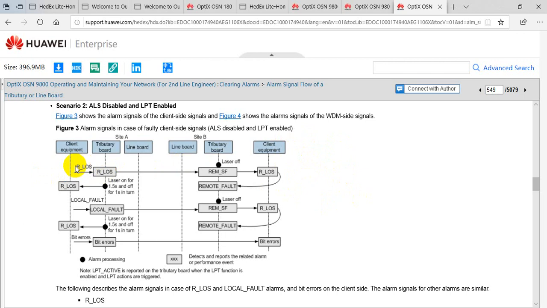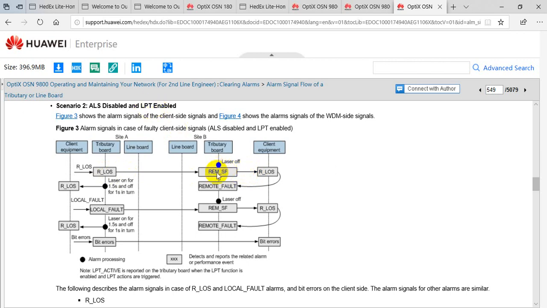So in between, because there is encapsulation, the control bytes or the byte which carries the information of some issues, in some cases is not carried, that is stripped while doing the encapsulation. Like in GFP framing, there is an option of curtailing the overhead bits of the input signal. So then it becomes very much necessary at B end to inform in some form. So LPT is a solution.